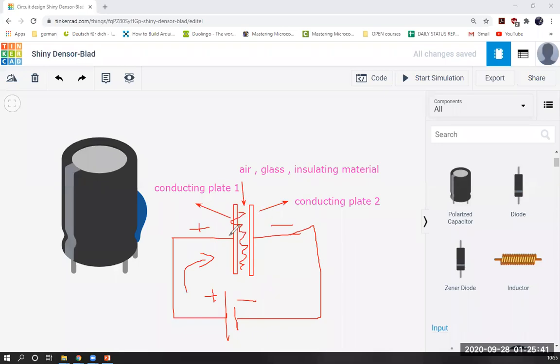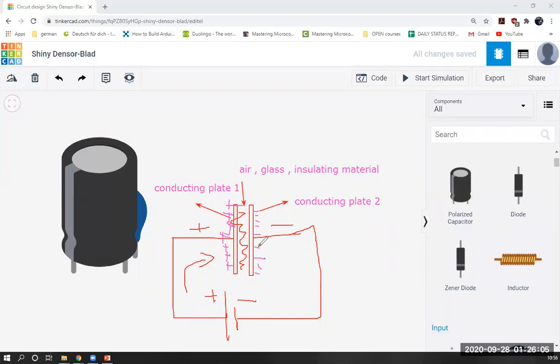So what happens for some time? Let me change the color. What happens? The charge stores here, plus plus plus plus plus. And this charge also stores here, minus minus minus, all the negative charge.